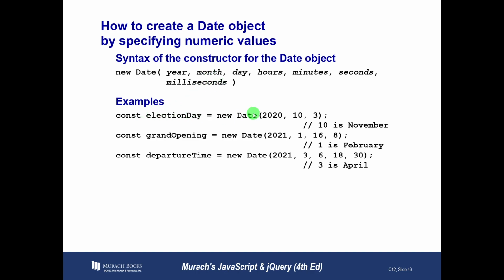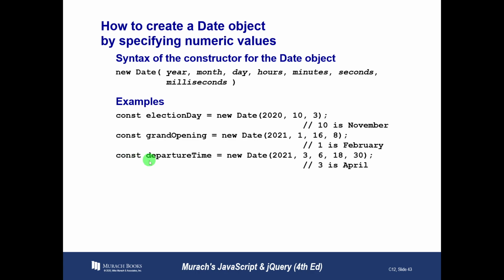So election day, we could say something like this: 2020, comma 10, comma 3. Remember, 10 is November. That first Tuesday in November is election day, right? So this is November 3rd. Grand opening, new Date 2021, 1, 16. This is February, so this is February 16th.